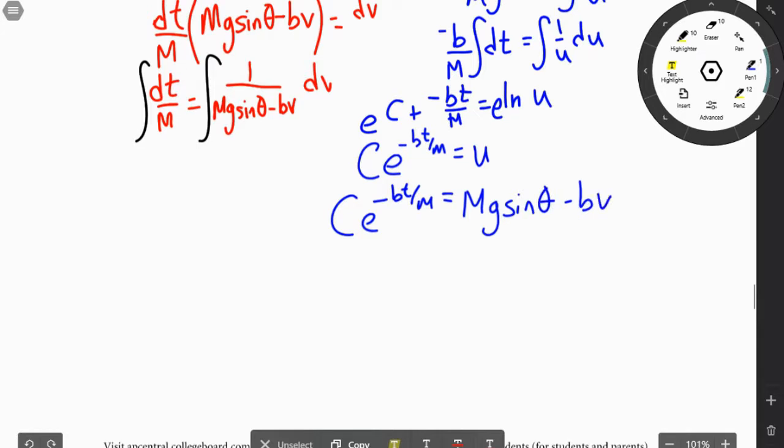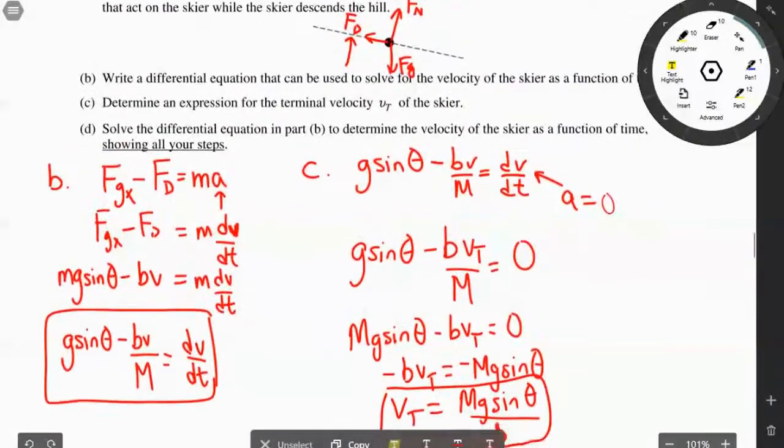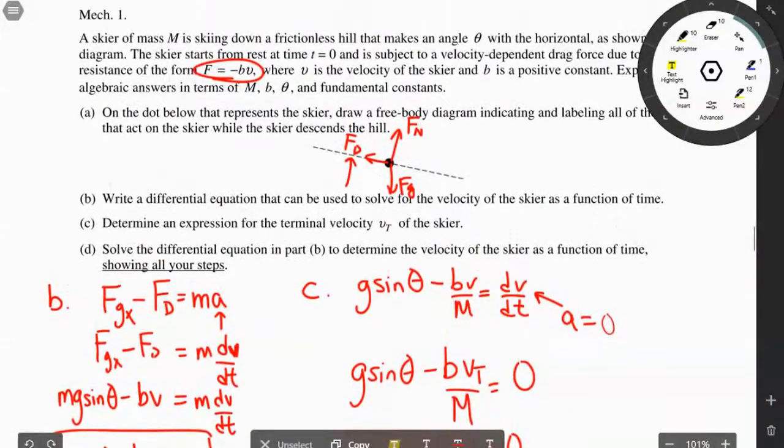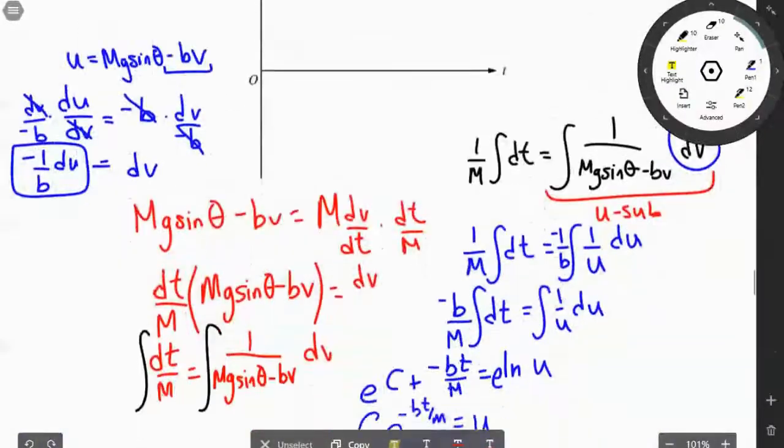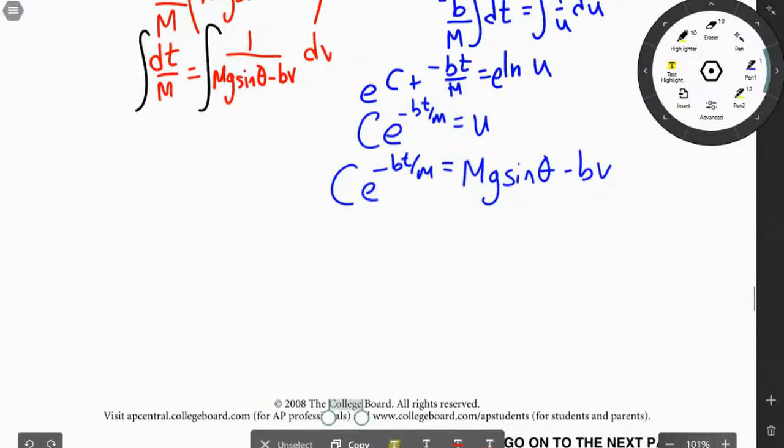Now we need to figure out what that c is. They tell us way back at the top of the problem that when it is at rest, at t equals 0, my v is 0. So at t equals 0, not b, but v, is equal to 0, so I'm going to plug that in.